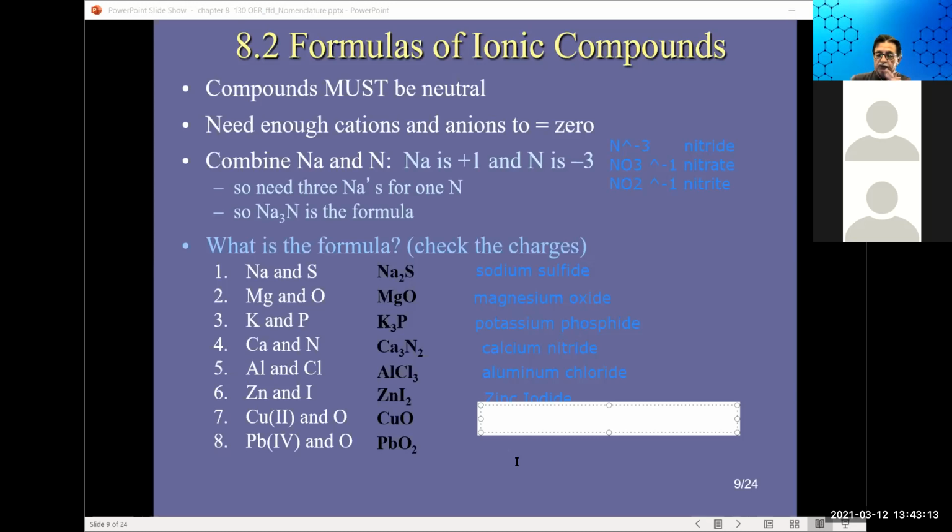All right, what about this one? I got CuO. I need to write the name of that. How would I present that? We know that's copper.